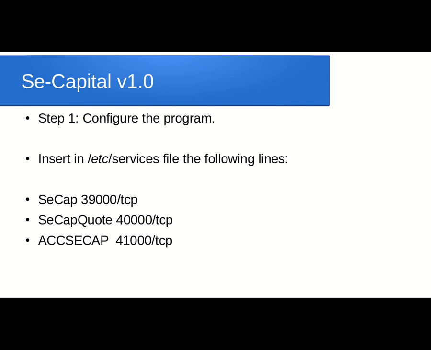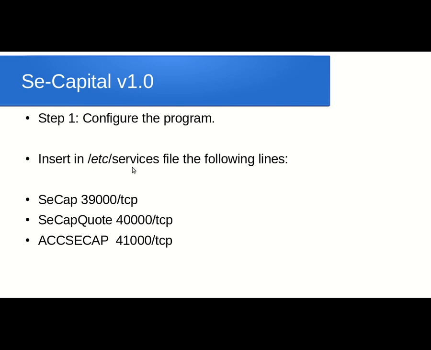If we continue with step one, we need to insert these 3 lines of information into the services file. We need to insert the SECAP, quote and ACC SECAP sockets into this file.